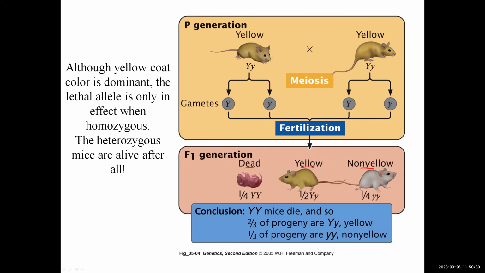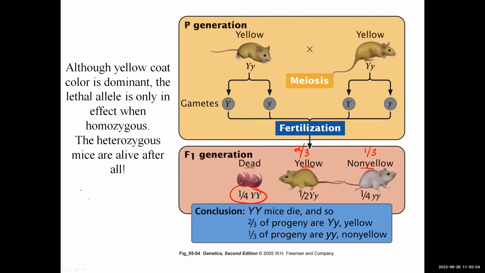Since we can't always score the dead individuals, instead, we'll see the 2-to-1 ratio. This is because 2/3 of the living individuals will be yellow and 1/3 will be white. Whenever you see this, a group is missing.